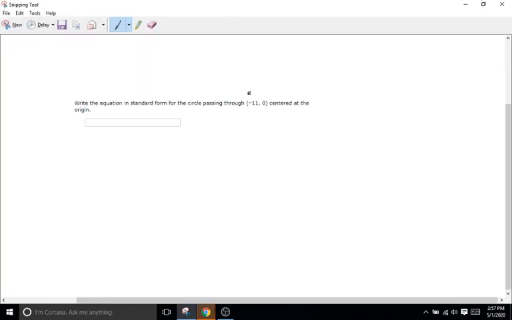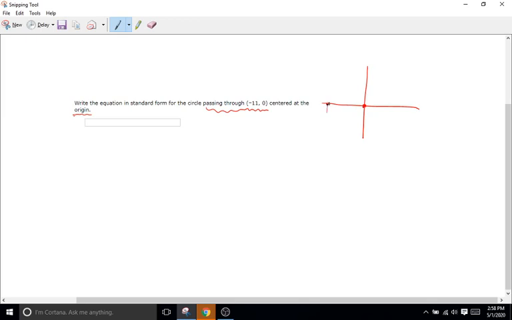So right here we have, well, it's easier to draw this out, but the question is saying to write the equation in standard form for the circle passing through the point (-11, 0), and again it's centered at the origin, so (0, 0) is the center. So what that looks like approximately is our origin is here. That's going to be the center of our circle, and the circle is also on top of the coordinate (-11, 0), which is about right here.